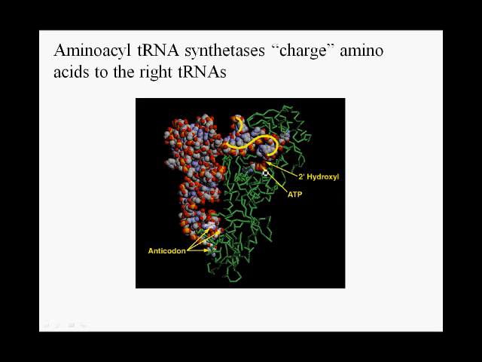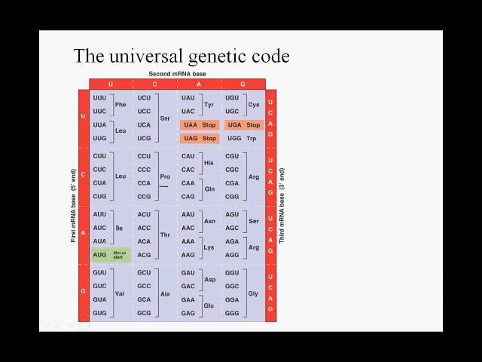This enzyme will hydrolyze ATP to AMP plus 2 phosphates, and that energy is used to covalently attach the amino acid to this 2' hydroxyl group of the tRNA. We call a tRNA charged when it contains the amino acid attached to it.